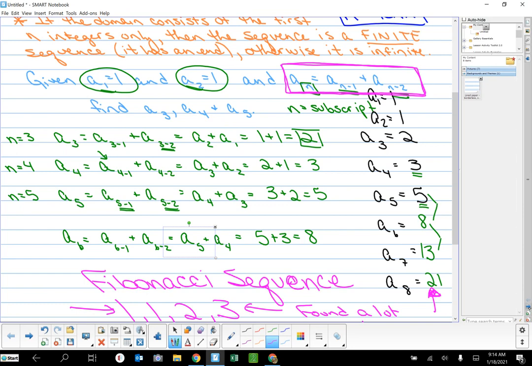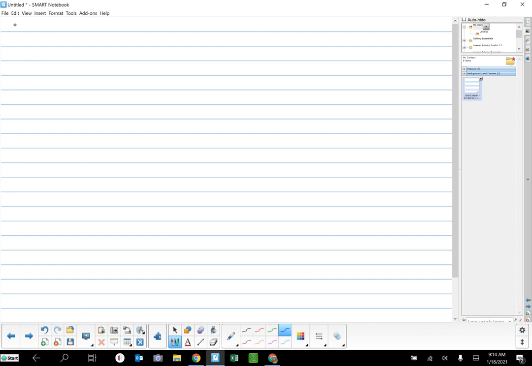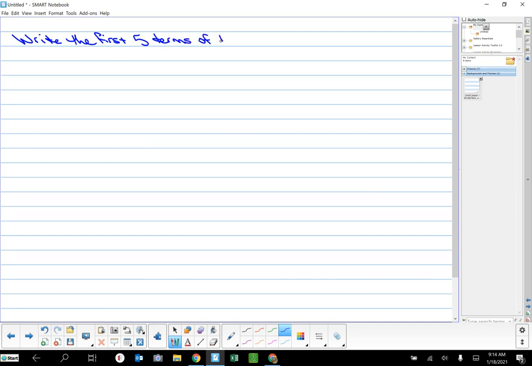Okay, so here is your first problem. Let me grab this paper, see if it helps me be a little bit more neat. Write the first 5 terms of the sequence with the following general term.